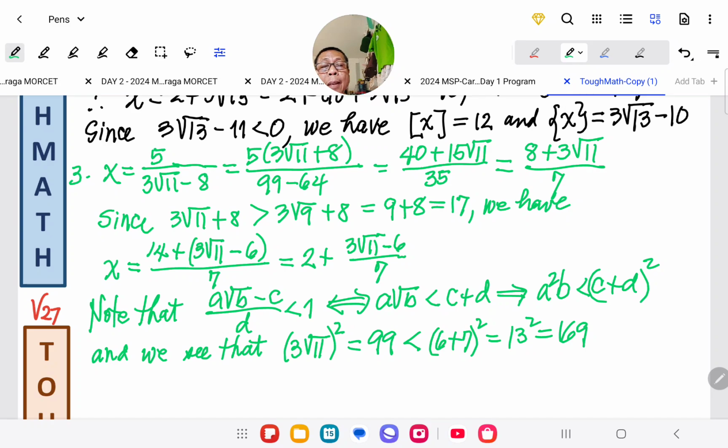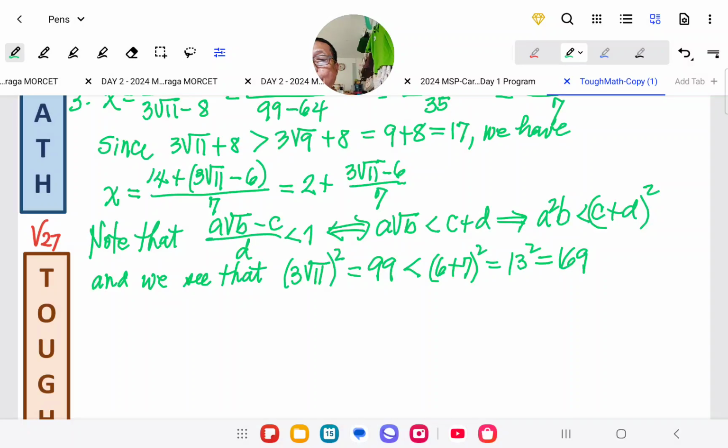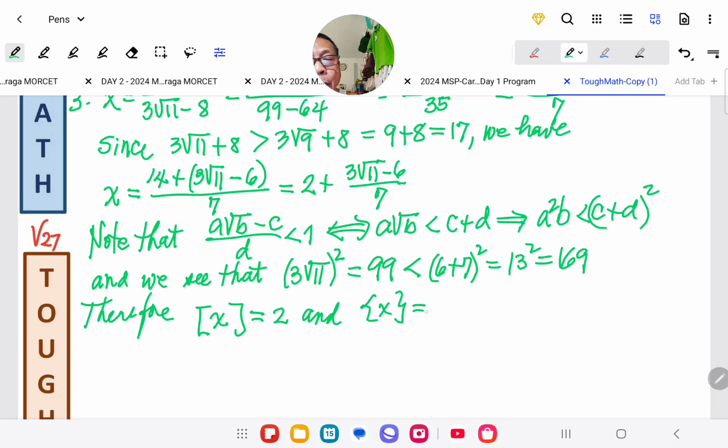So the irrational number 3 times the square root of 11 minus 6 over 7 is really less than 1. Therefore, the greatest integer value of x is equal to 2, and the fractional part of x is equal to 3 square root of 11 minus 6 over 7.